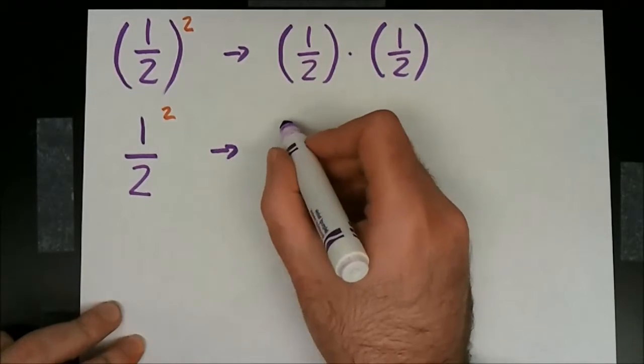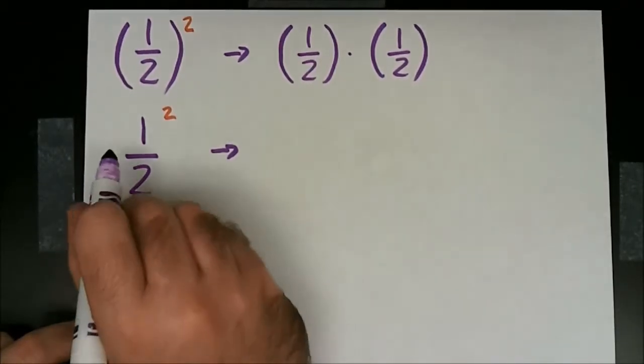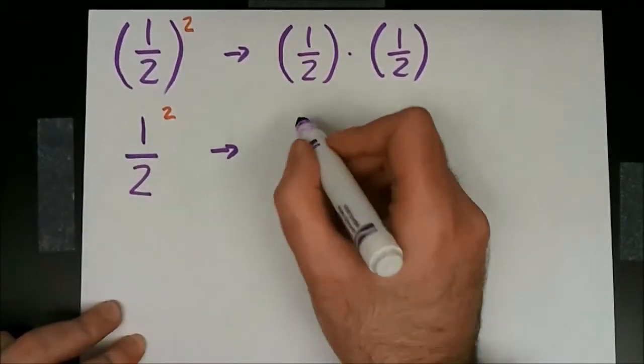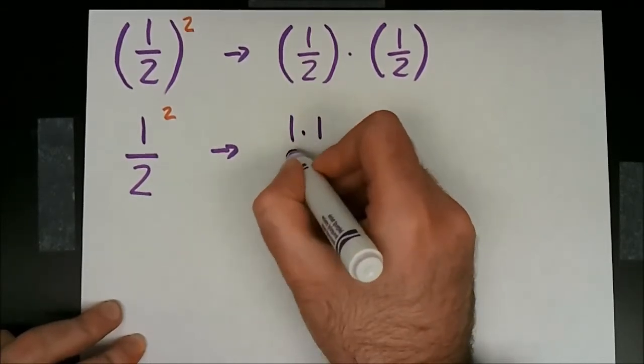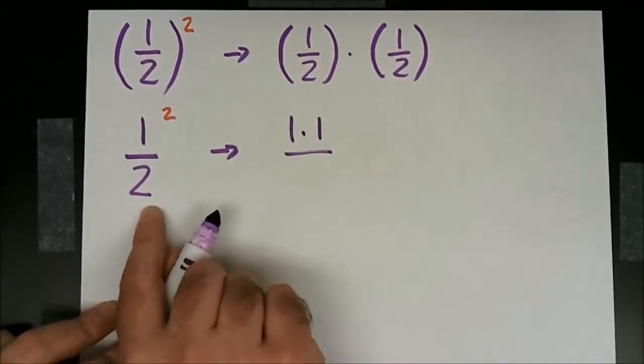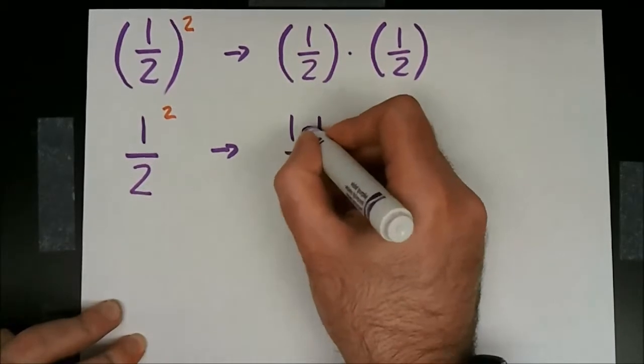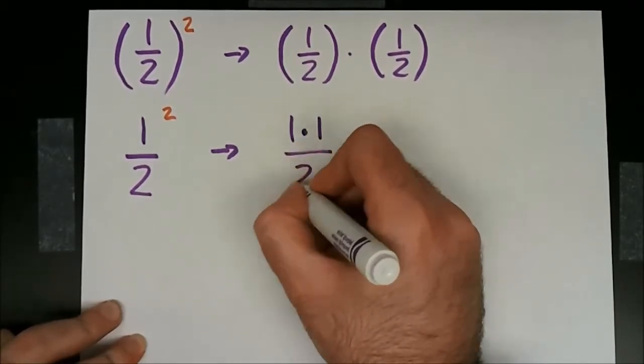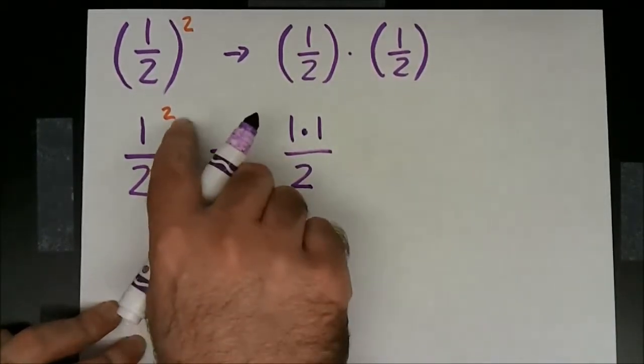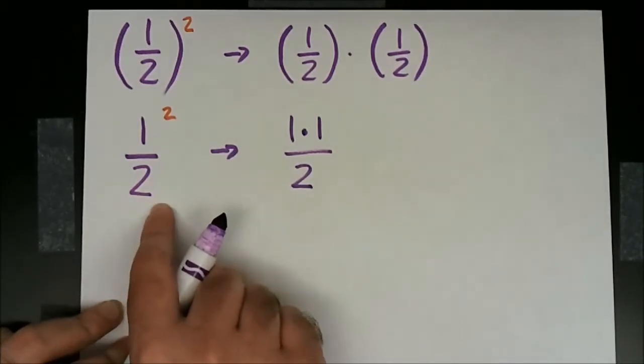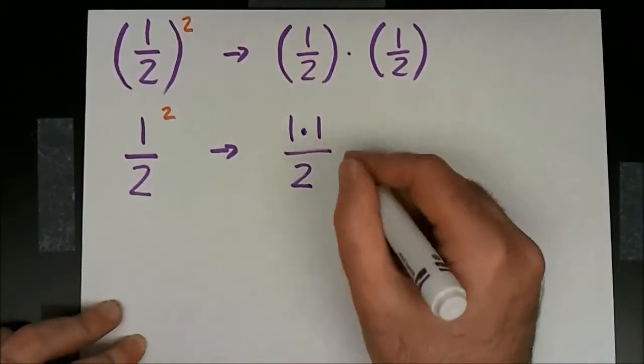All I would have to write is multiply the base. In this case, now it's just a 1 against itself twice. 1 times 1. The denominator is not going to get modified, because now the exponent doesn't observe it. It's no longer part of the base.